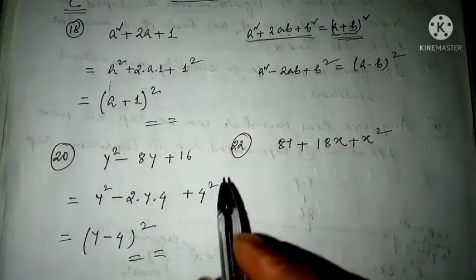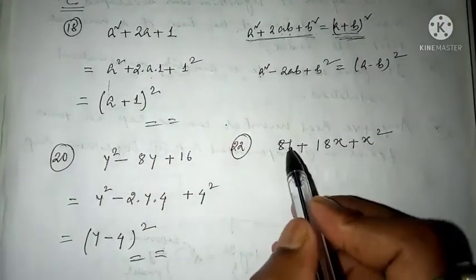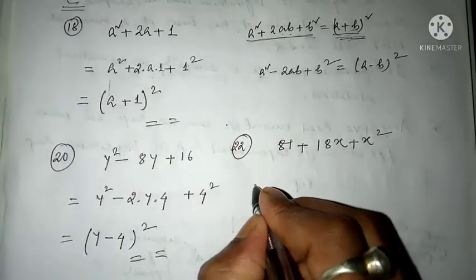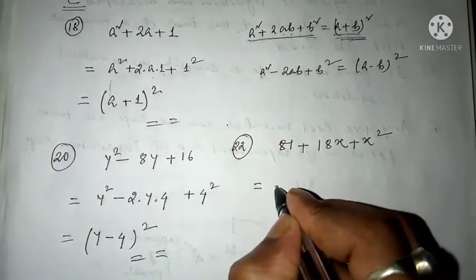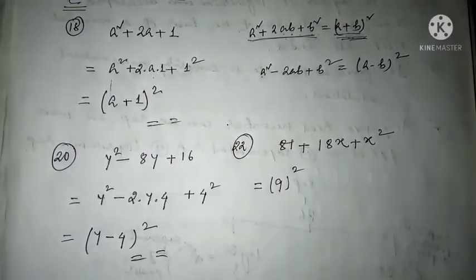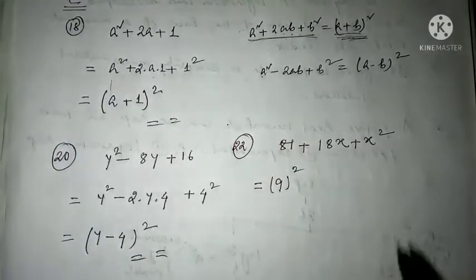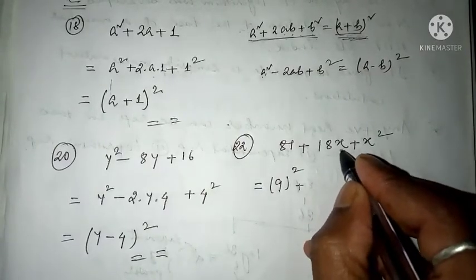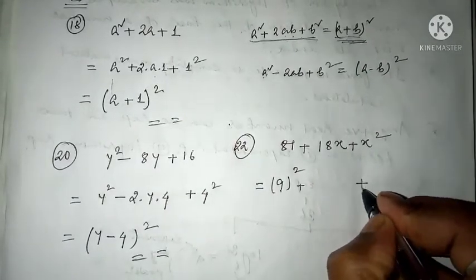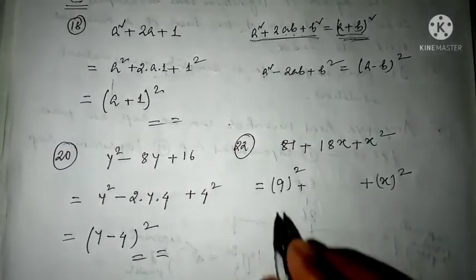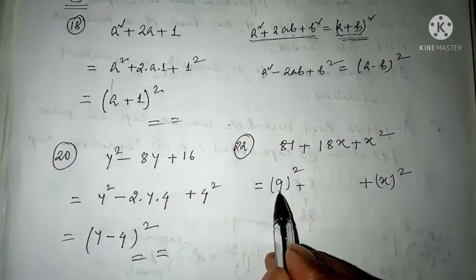Now see, this is our 22nd number question, that is 81 plus 18x plus x square. Very simple. Square of 9 is how much? 81, because 9 nines are 81. Then you write plus here. Right now no need to write the middle term. Then x square is here, so you write x square. Then square of first term, square of third term.